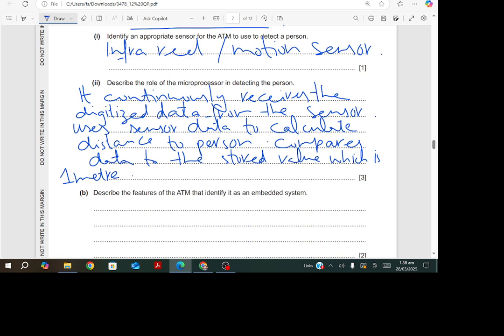Yes, after that what is it going to do? If the distance is less than 1 meter, display a welcome message on the screen. Was that in the question?